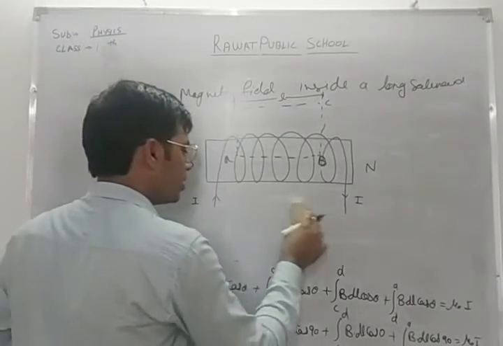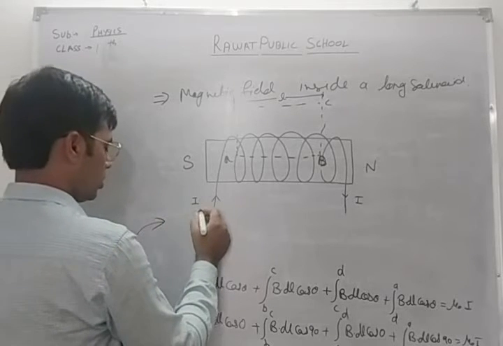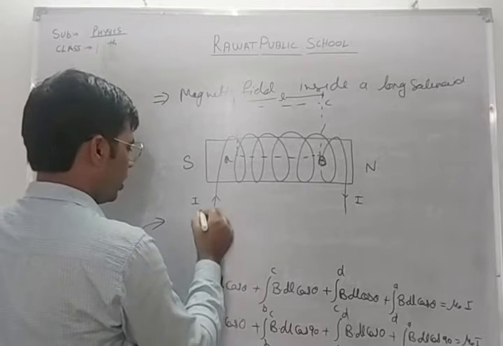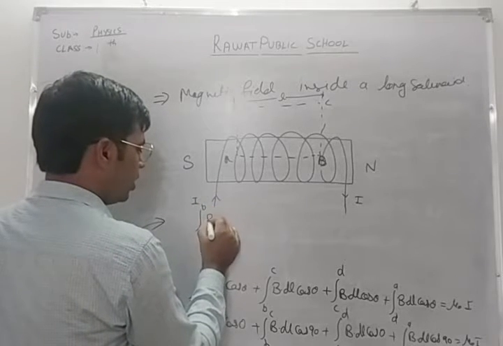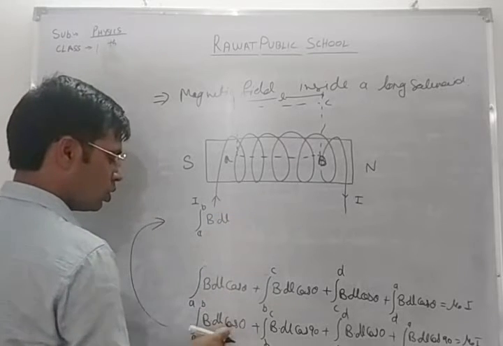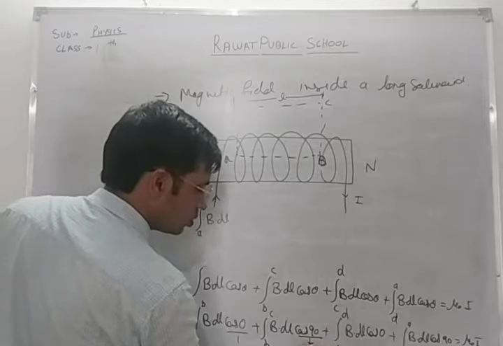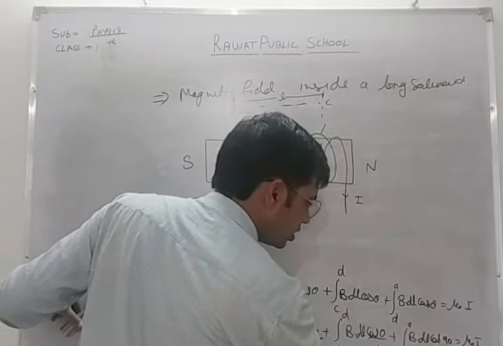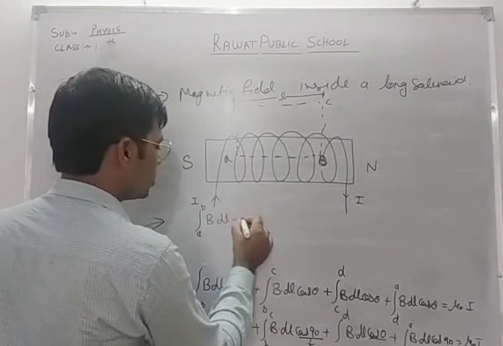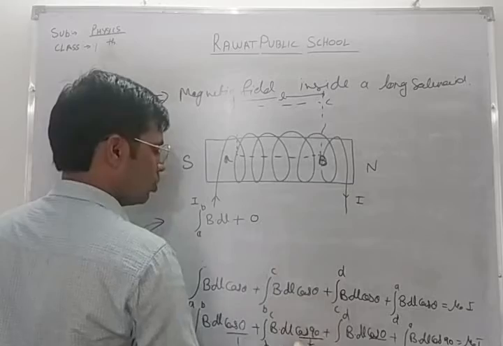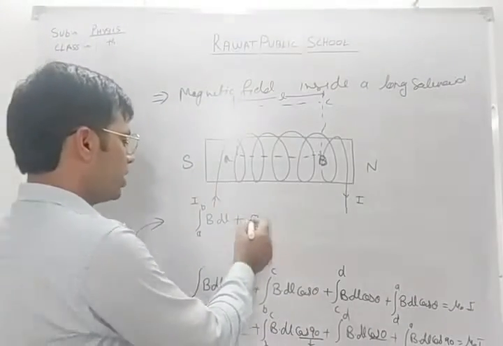I am writing here the next part, integration A to B, B dot dl, because cos 0 is 1, it is 1, and cos 90 is 0. So we will be writing this plus it is 0, because cos 90 is 0. Anything multiplied with 0 gets eliminated. So it is again 0.